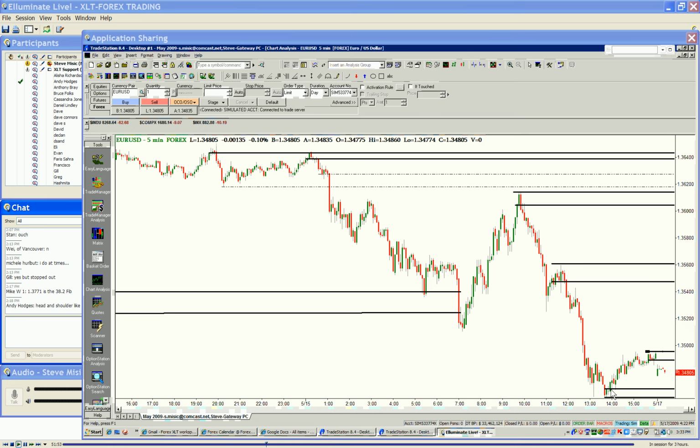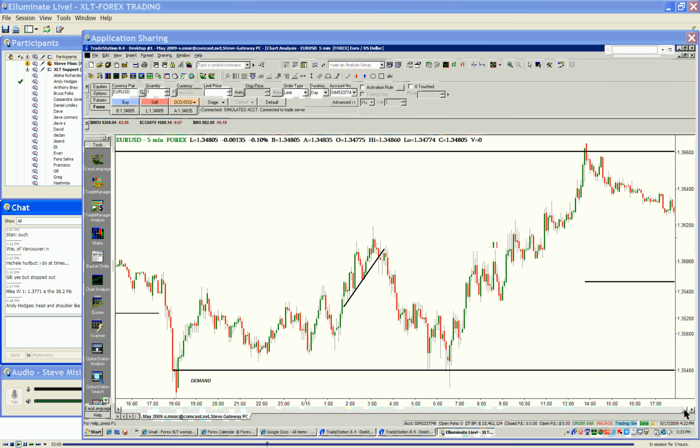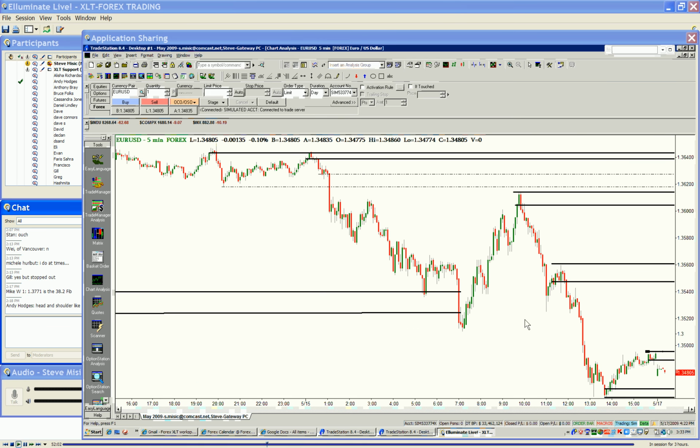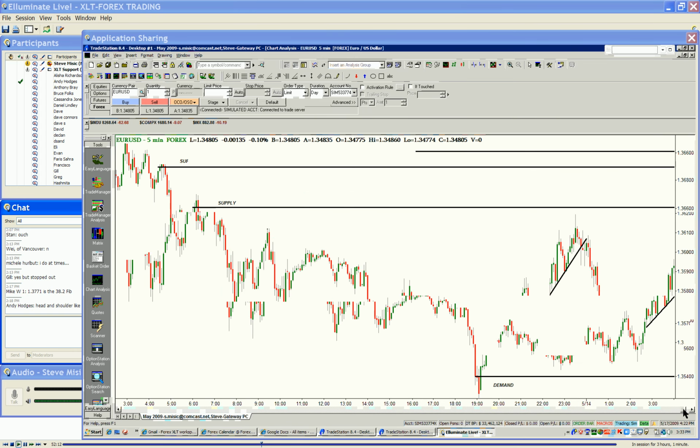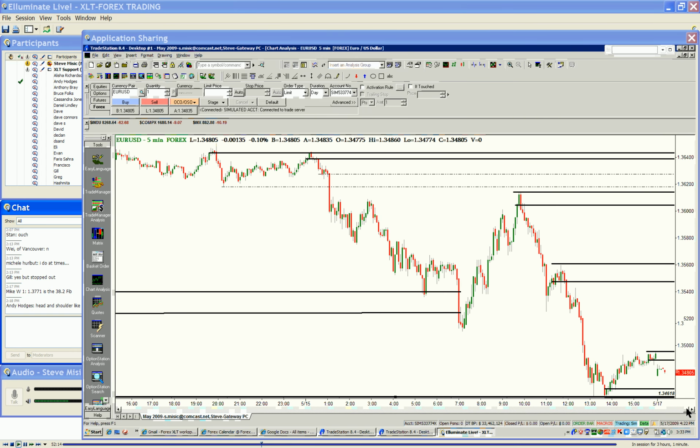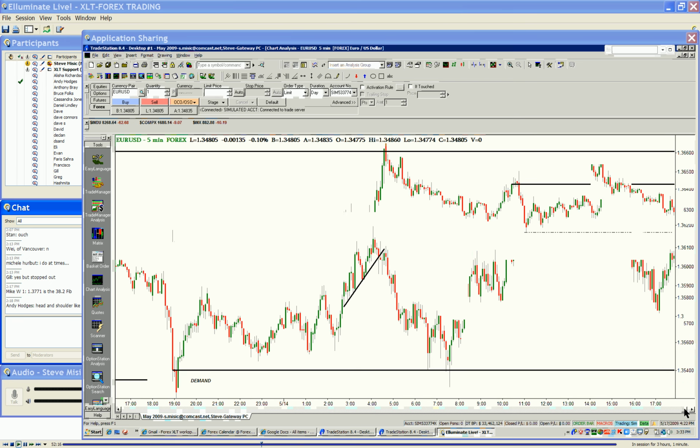Or if you did take this little bounce off this little base here, make sure you place your stop losses below here, because once we drop below there, and let's put this line on here so I can see what this is in the past, once we drop below there, we could possibly drop quite a ways from there.